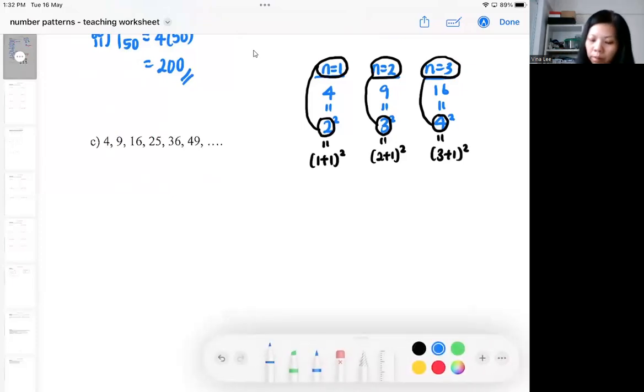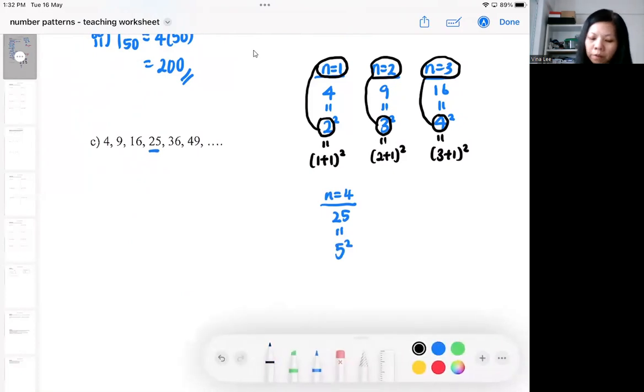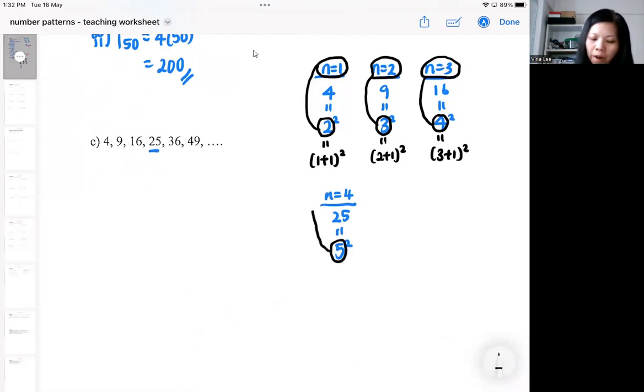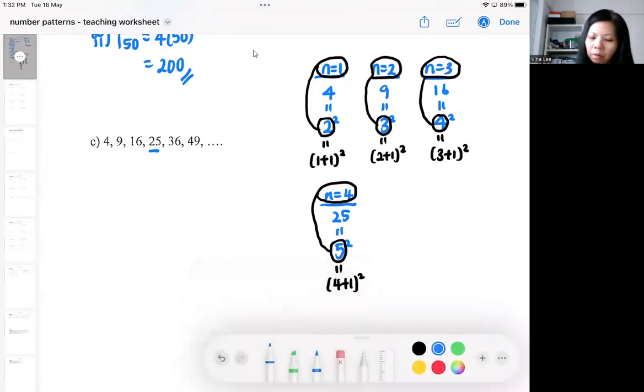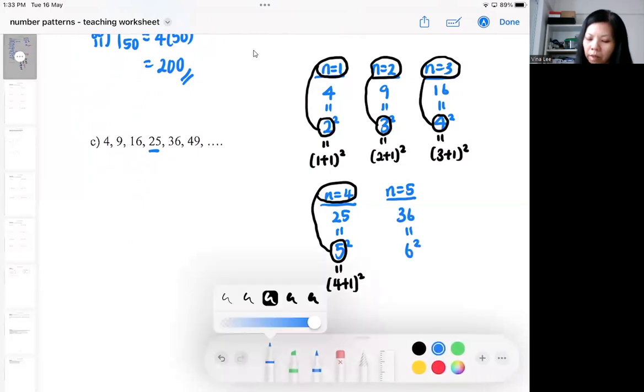You can try to see a few more terms. So n equal to 4 is 25. 25 is 5 squared. How is the 5 related to 4? You realize that it's always plus 1. So you try some more to detect the pattern. This is 6 squared. How is 6 related to 5?